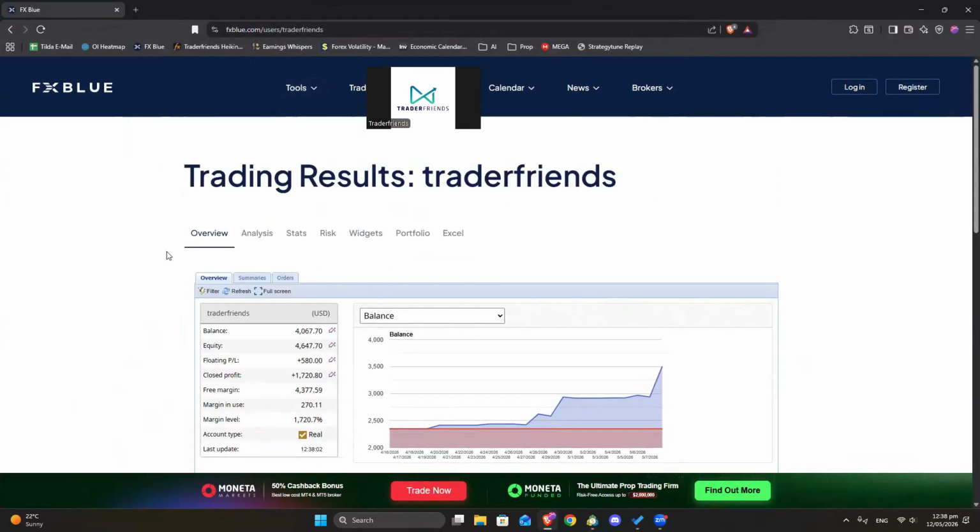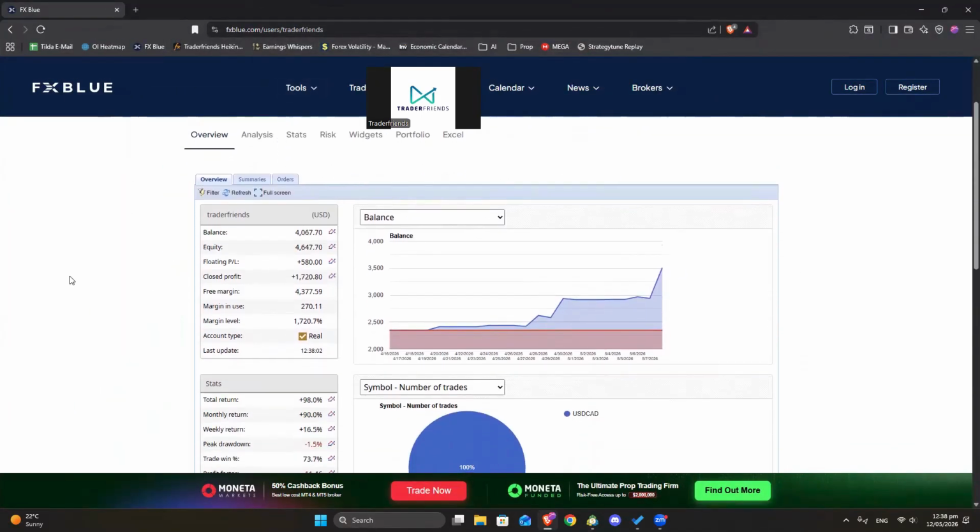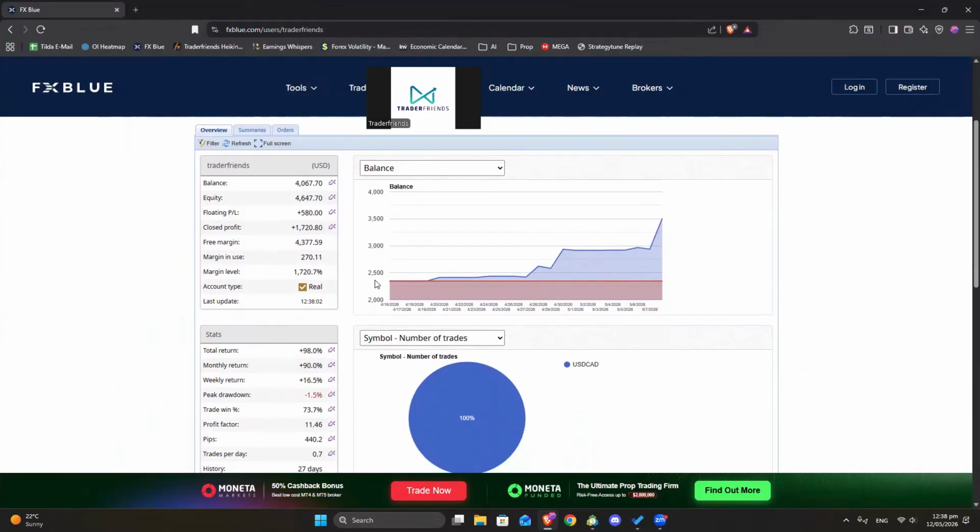Now you can see the results of my account. I started with a $2,347 net deposit on the 16th of April, but I placed my first trade on the 1st of, I think, May.